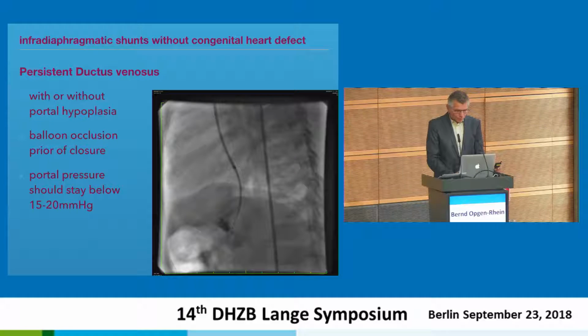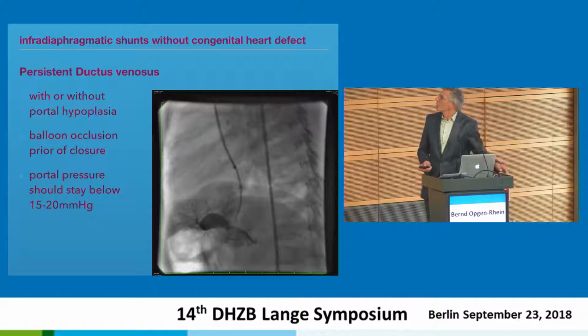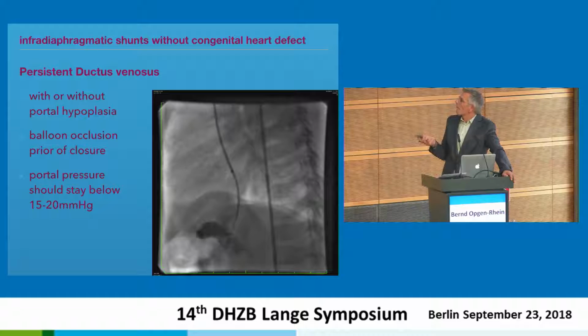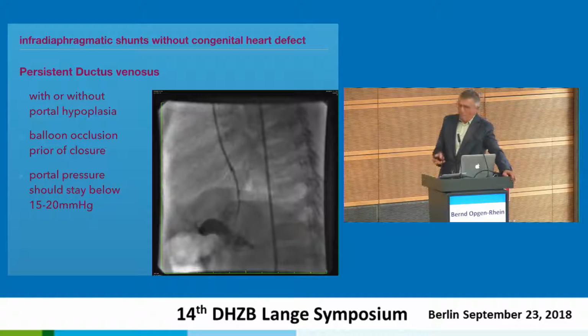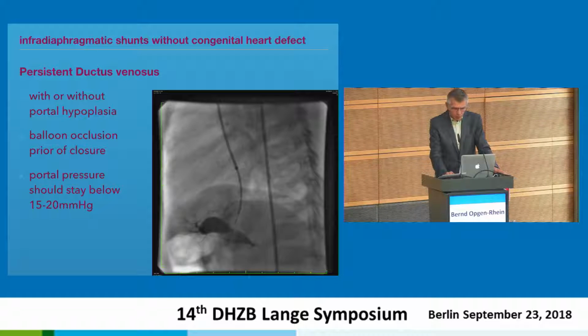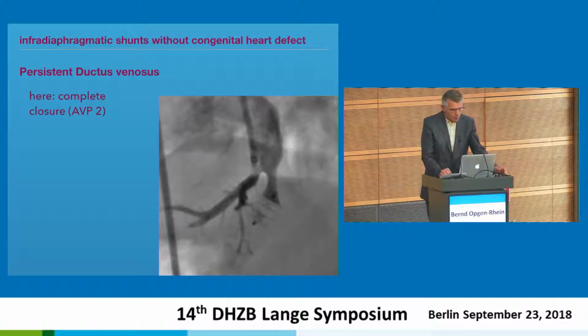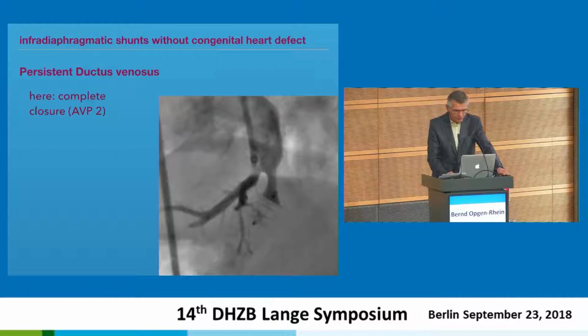We do a balloon occlusion and inject contrast medium here, and you see very nicely the very, very small intrahepatic portal veins. In this case, complete closure was possible. There is an AVP2 inside with 10 millimeter diameter, and it occluded it perfectly. This is possible because the pressure rise is only very low.